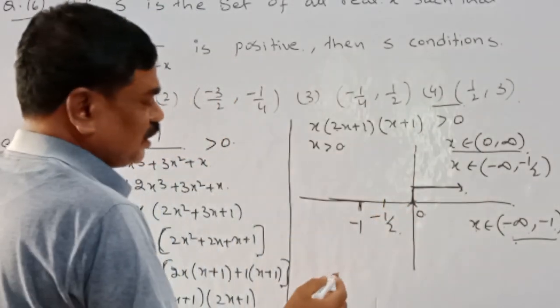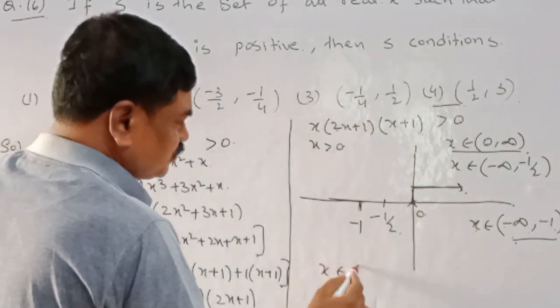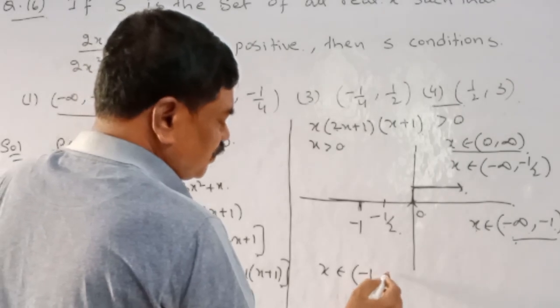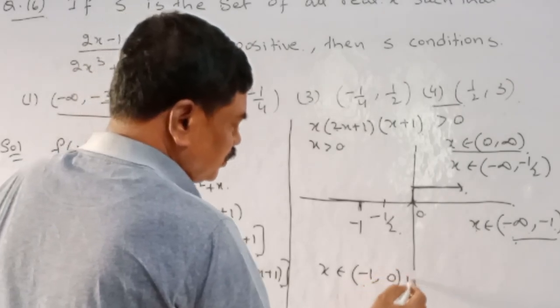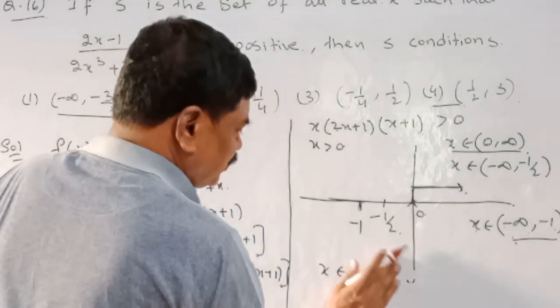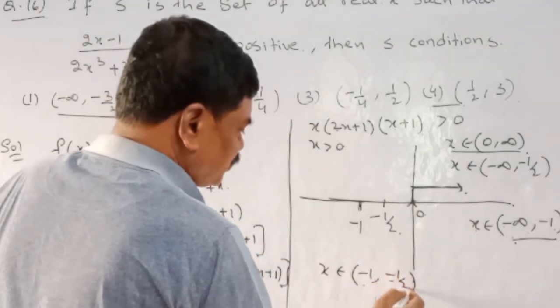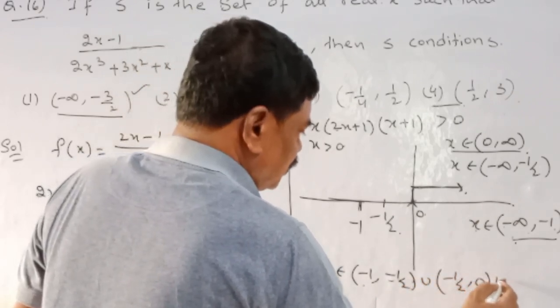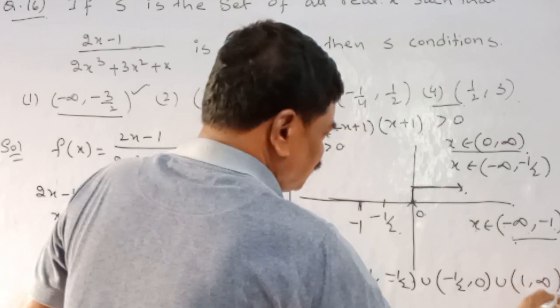So we say here x belongs to minus 1 to minus 1 by 2 union minus 1 by 2 to 0 union 1 to infinity.